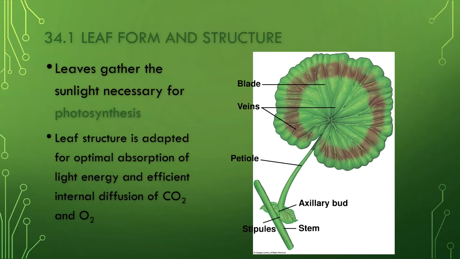Some plants already have a reduced surface area because their leaves are more cylindrical, like a needle. But whatever the case for that plant, the leaf structure is adapted for optimal absorption of the light energy, as well as efficiently diffusing CO2 into the plant and oxygen out of the plant. And again, we'll look a little more closely at the stomata that are located on the leaf as well.